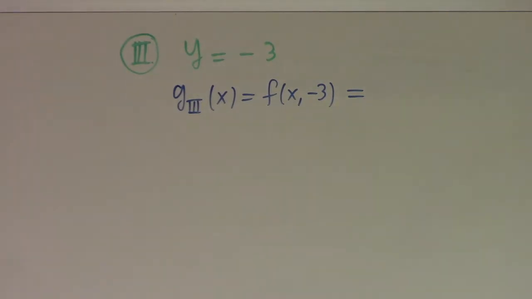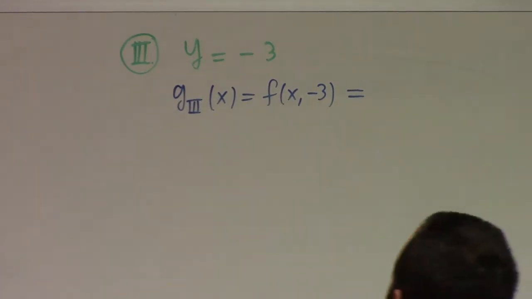Yeah? Looks like that would be negative 12 and 4. I'll take it. We have agreement? All right.